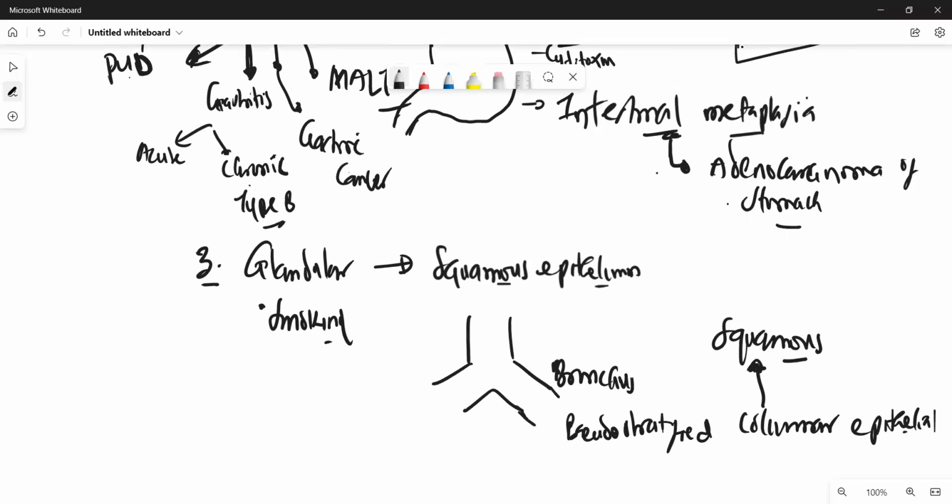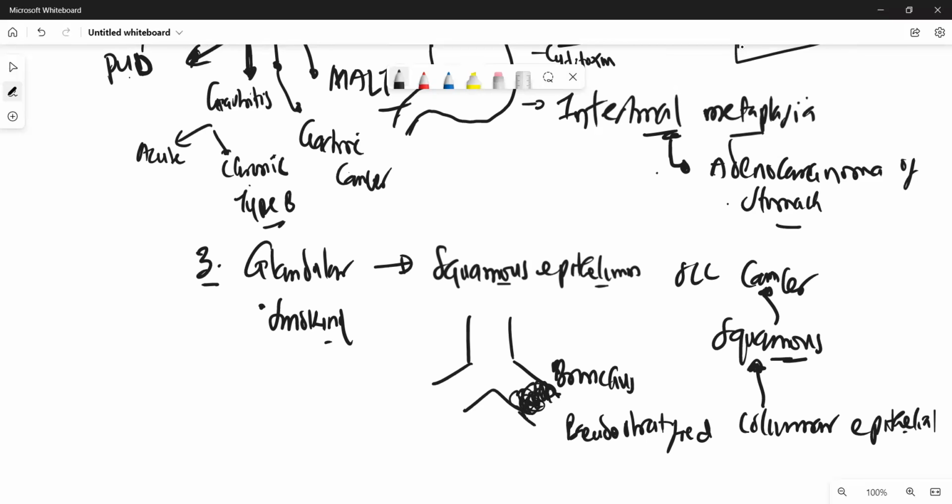And of course, this can lead to squamous cell carcinoma of the bronchus. And if this is big enough, it can block the main stem bronchus.